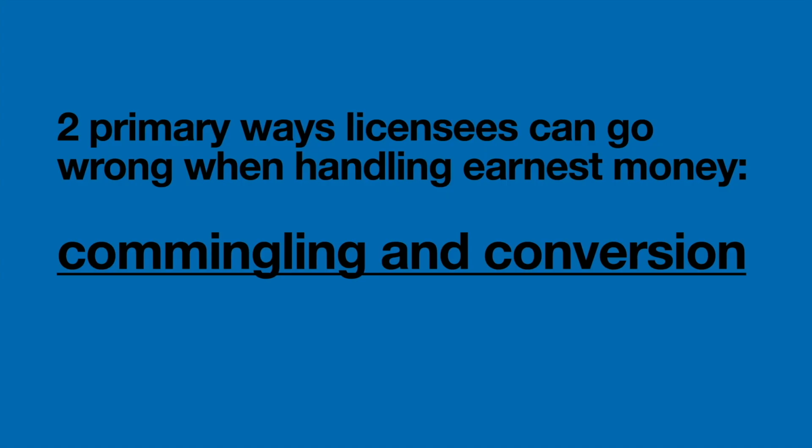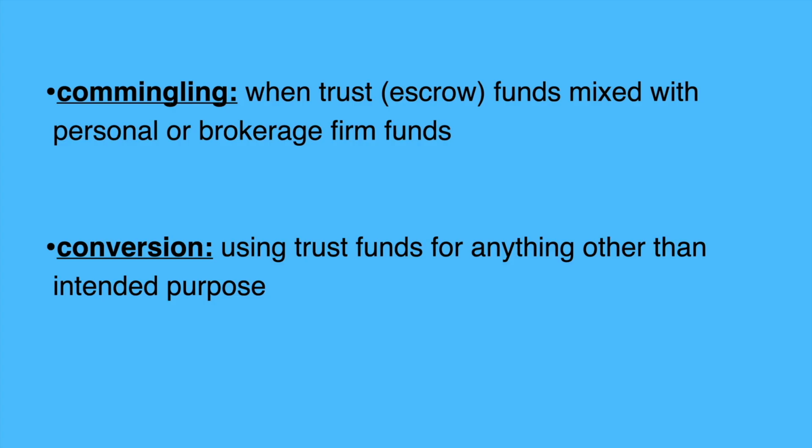Mishandled trust funds can result in the suspension or even the revocation of a licensee's real estate license. Two huge no-nos: commingling and conversion are two primary ways licensees can go wrong. Commingling is when trust, aka escrow funds, are mixed with personal or brokerage firm funds.